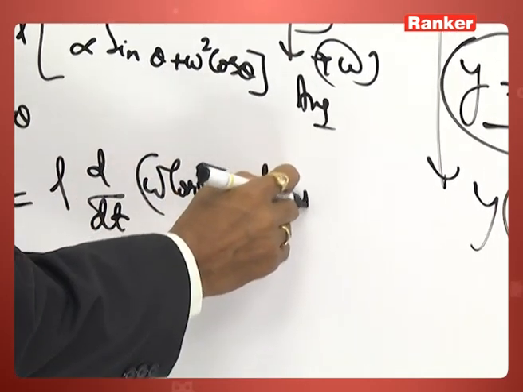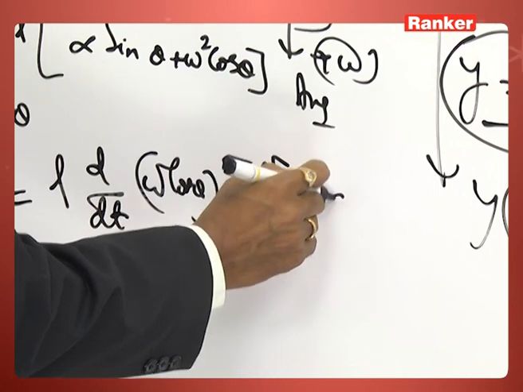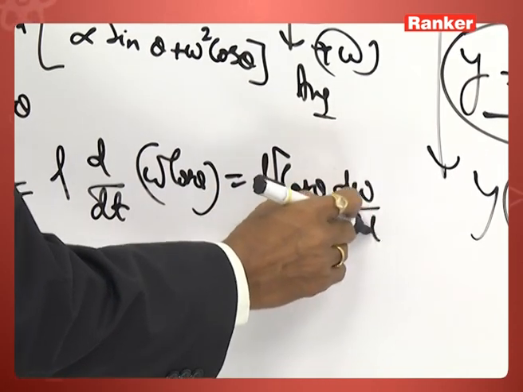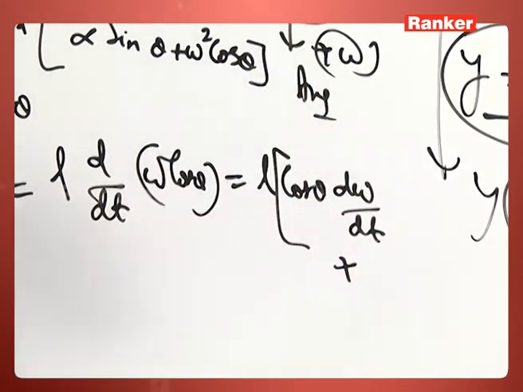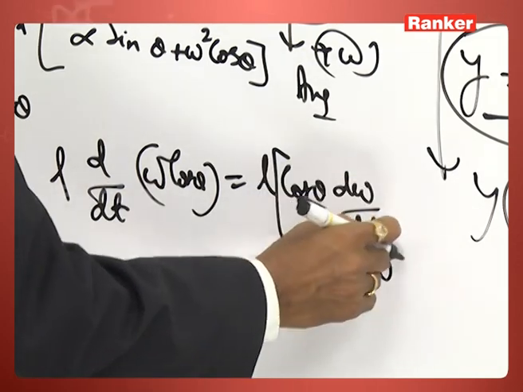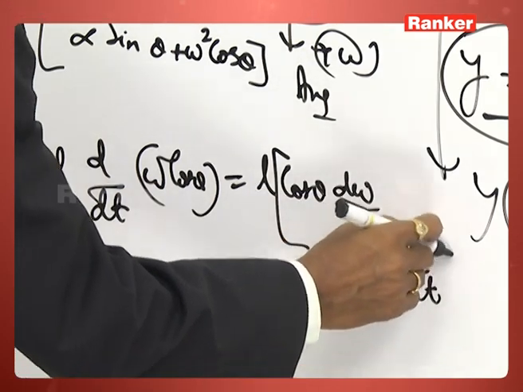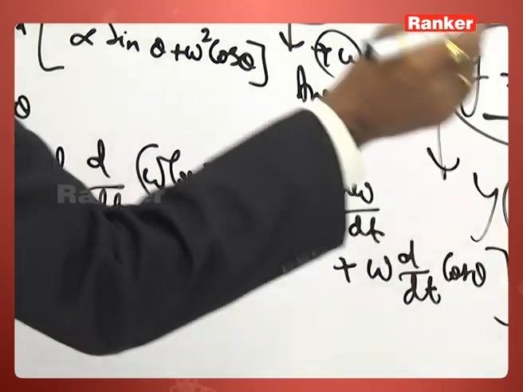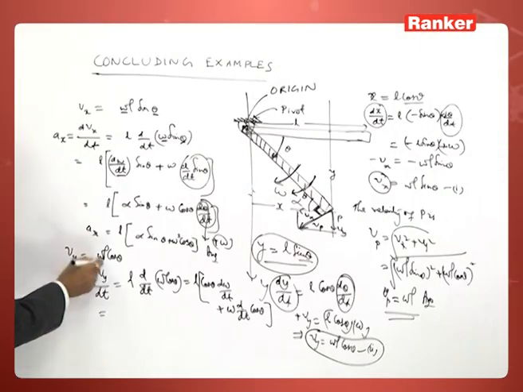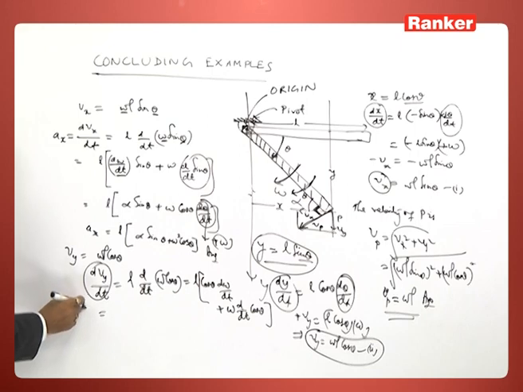Take cos theta out and differentiate omega with respect to time. Then you take omega out and differentiate cos theta with respect to time. And this factor is a_y.